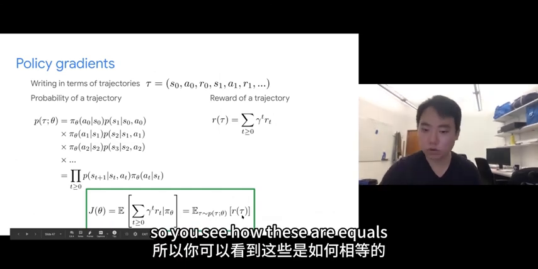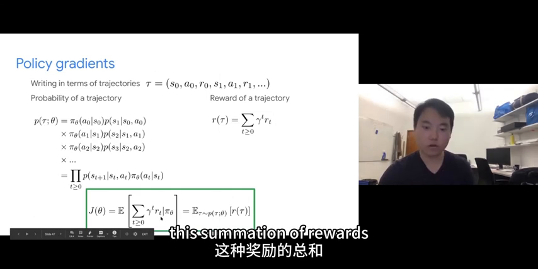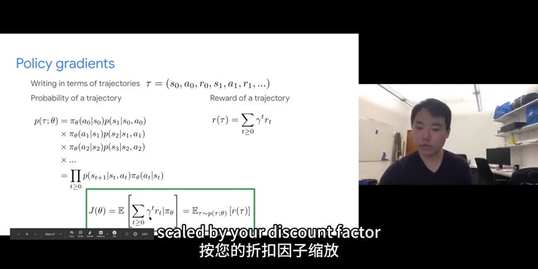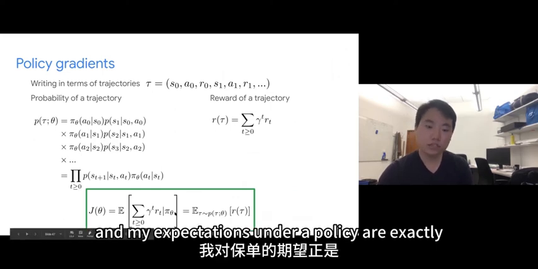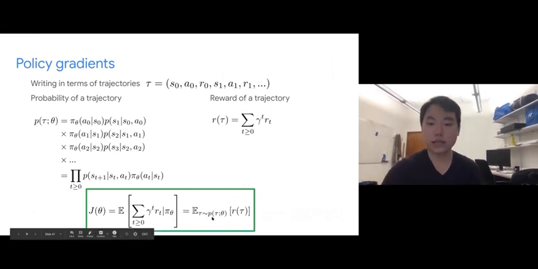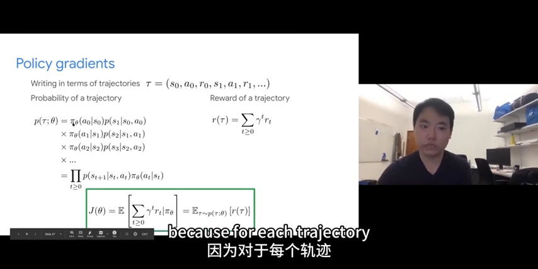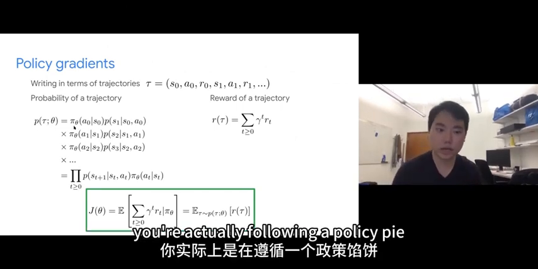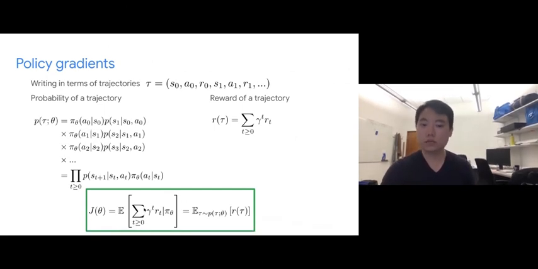To see how these are equal: inside the expectation, the summation of rewards scaled by your discount factor is exactly the reward of a trajectory. And my expectation under a policy is exactly an expectation under the distribution of trajectories, because for each trajectory, you're following your policy pi and taking actions as described by what my policy should be. So these two are exactly equal.